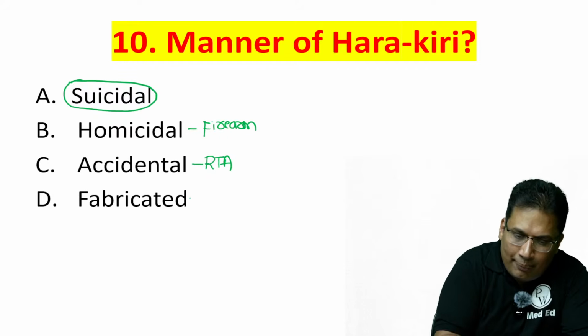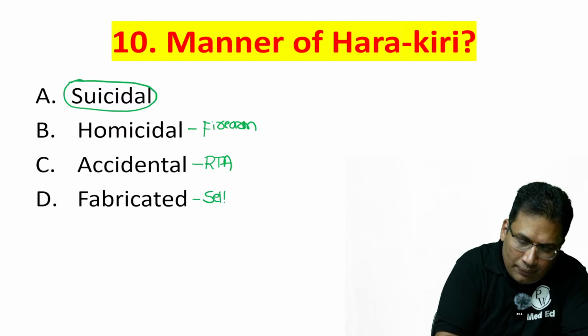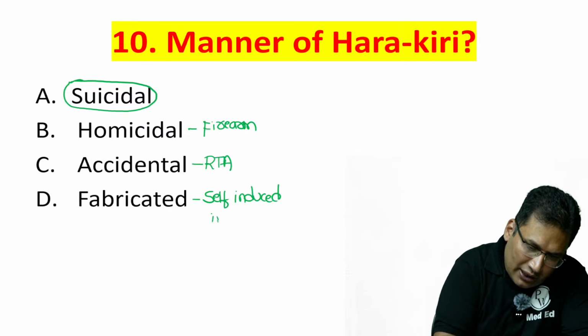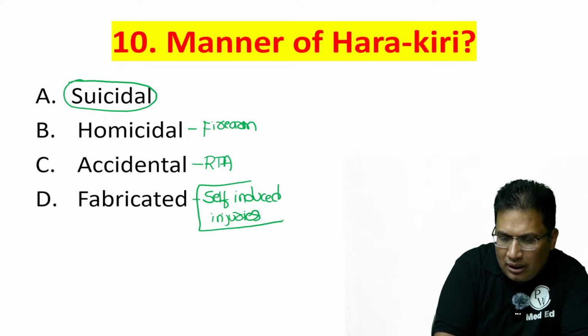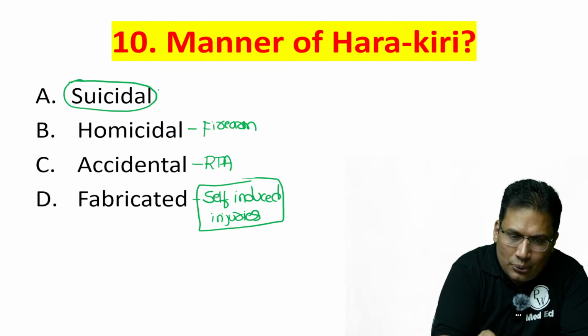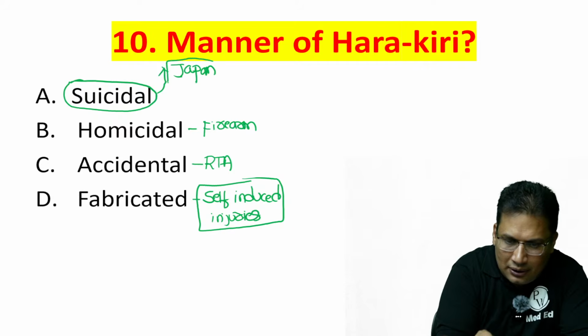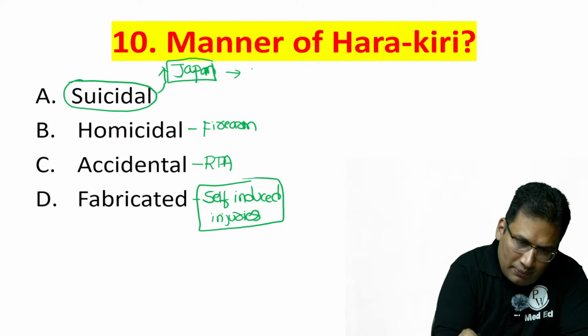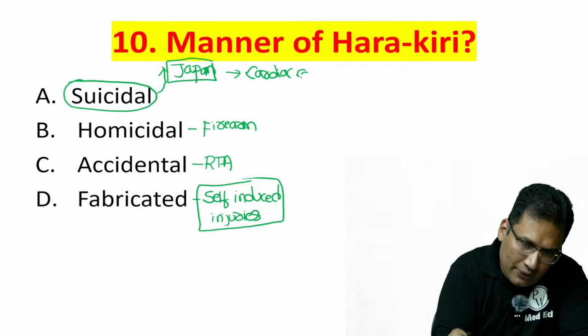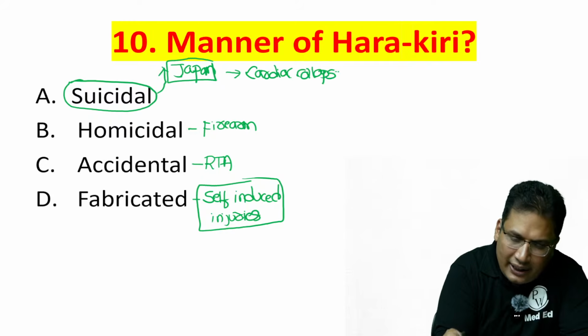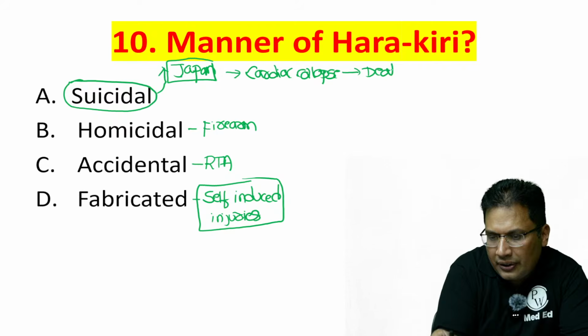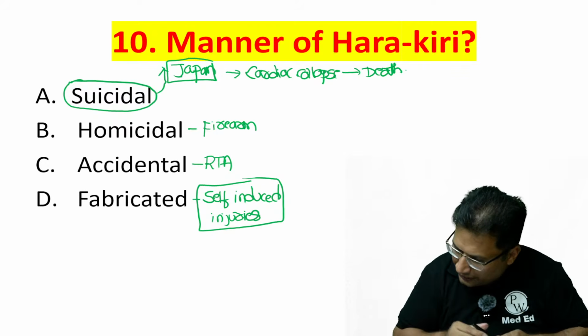Fabricated is self-induced injuries, usually over accessible body parts. Suicidal, that is in Japan, which causes cardiovascular collapse, so BP decreases suddenly and death occurs. Answer is E.